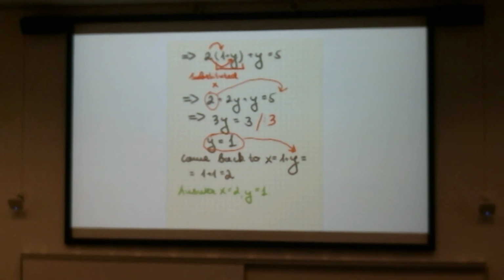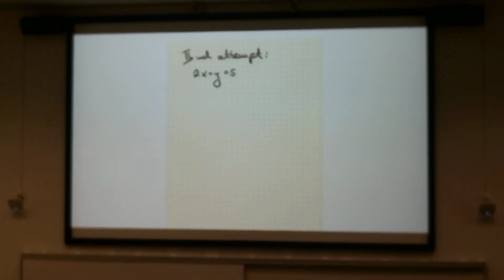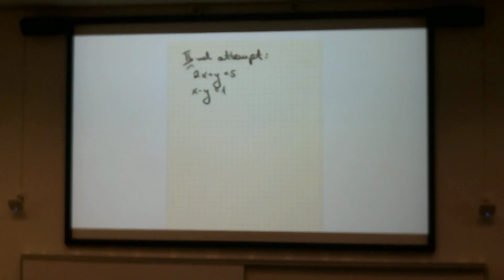There is another way of solving it. So let me go to a new page. So, second attempt. Let me repeat the system. 2x plus y equals 5. x minus y equals 1.